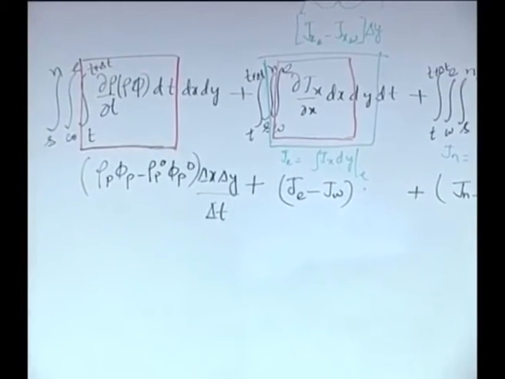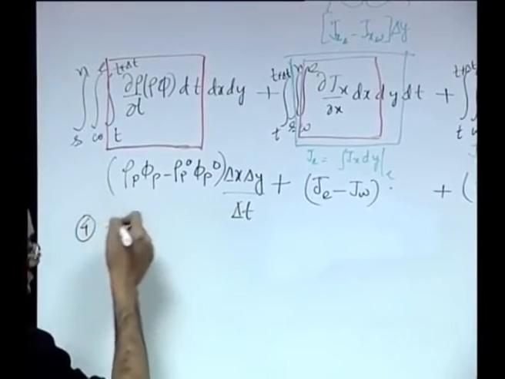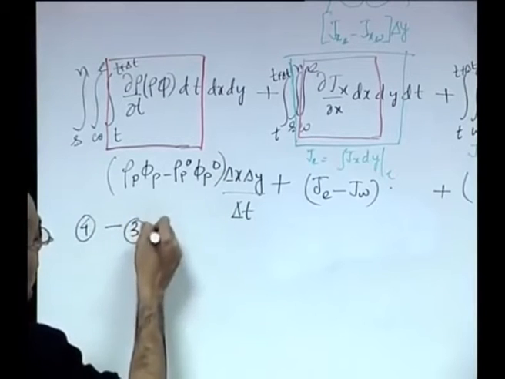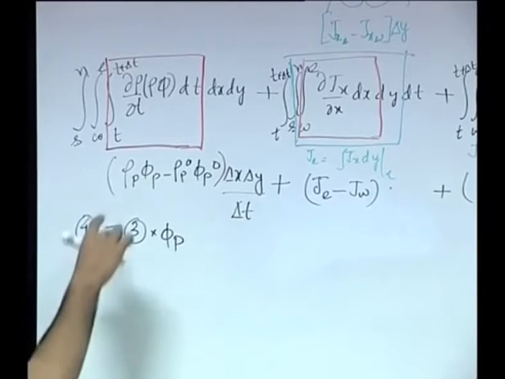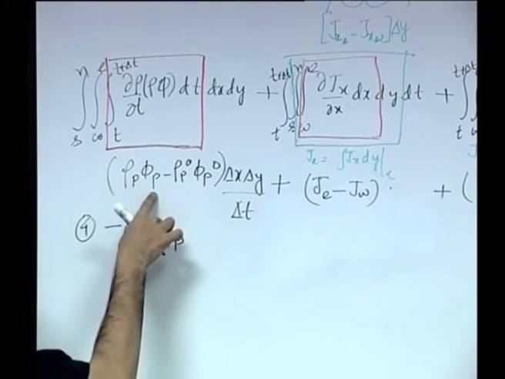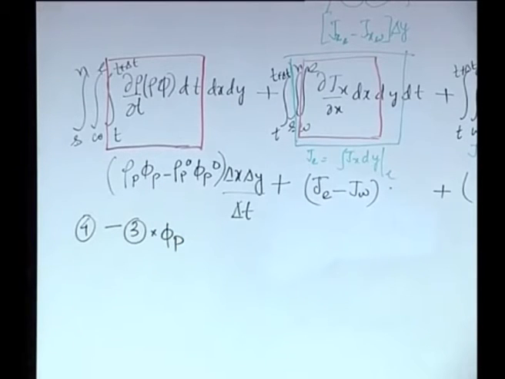So, you have to eliminate rho P from these two equations. How can you do that? You can subtract equation 3 multiplied by phi P from equation 4, then rho P phi P minus rho P phi P, so rho P will be eliminated. Okay.